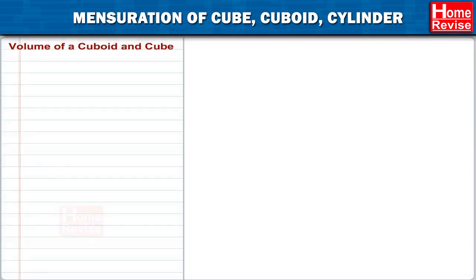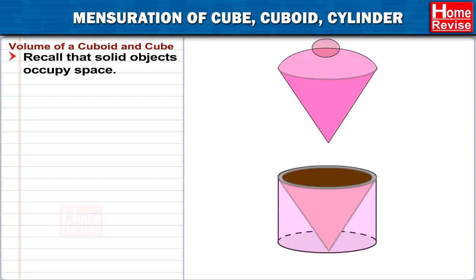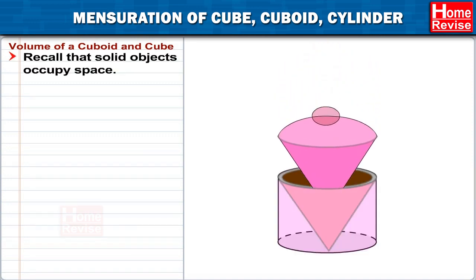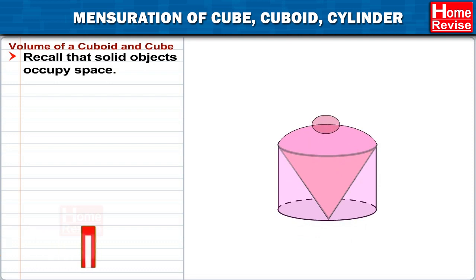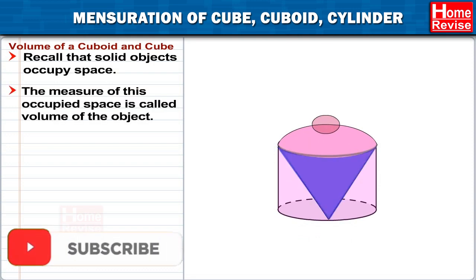Volume of a cuboid. Recall that solid objects occupy space. The measure of this occupied space is called the volume of the object.